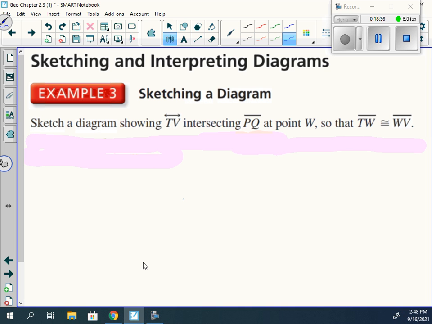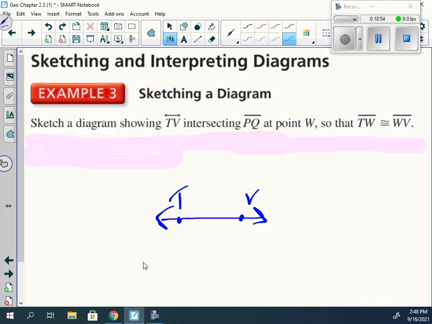The next few will be sketching a diagram. Sketch a diagram showing that line TV intersects PQ at point W, so that TV and WV are congruent. Well, TV is what? A line.